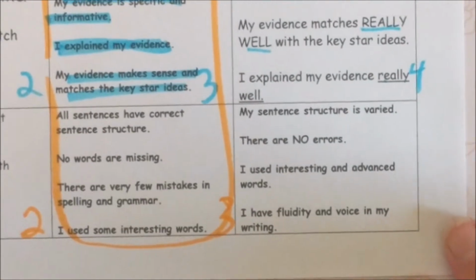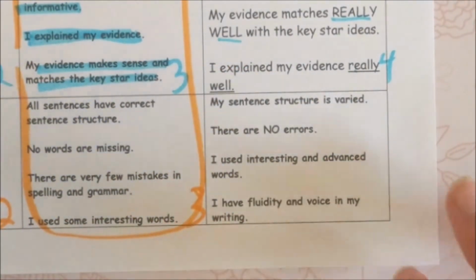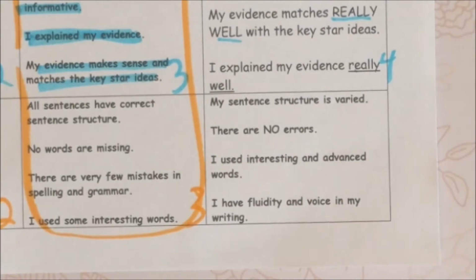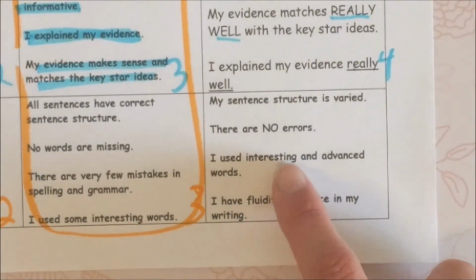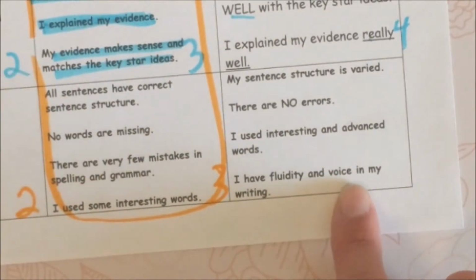To get a 4, a lot of you are already doing these things. So my sentence structure is varied. That means that some of your sentences are short, some of your sentences are long. Some of your sentences start in a different way than others, so it doesn't just sound like a robot where every sentence is the same. There are no errors. You have interesting and advanced words, and there's fluidity and voice.